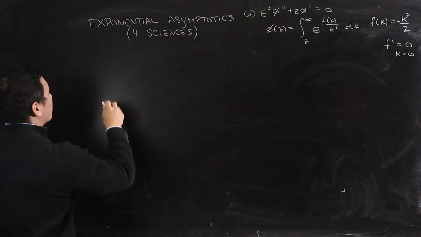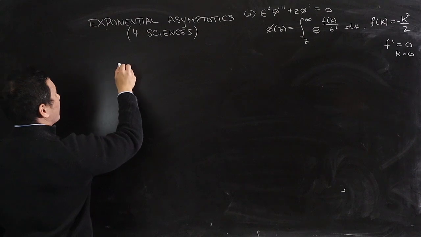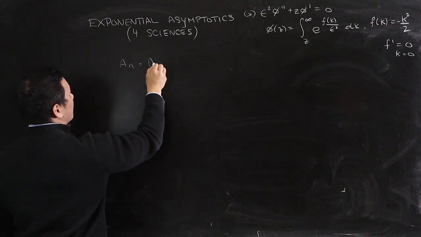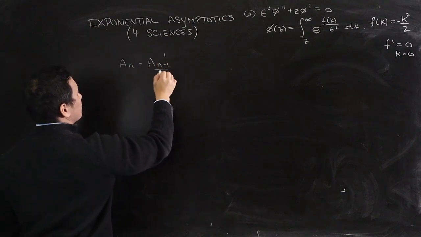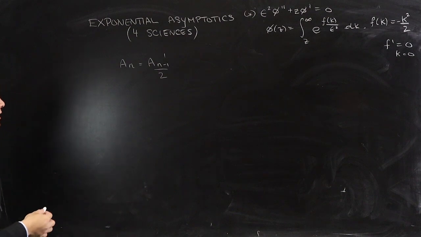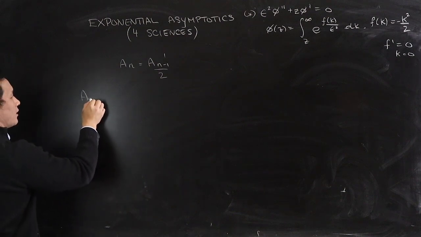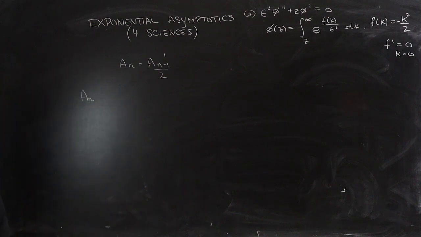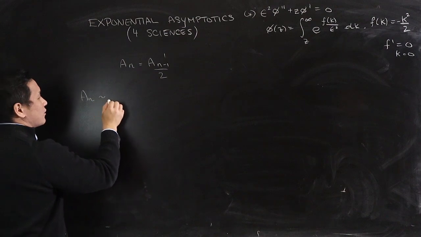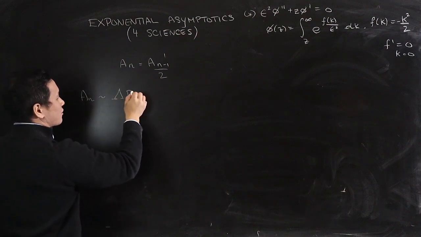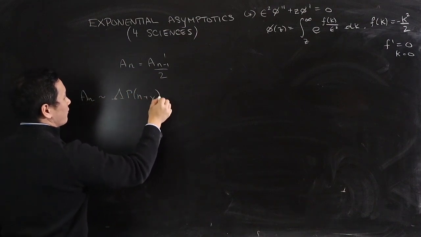So for this problem, I have an is equal to an minus 1 prime over 2. And I'm going to make the assumption that in the limit that n becomes large, my an is going to behave like this factorial over power form.